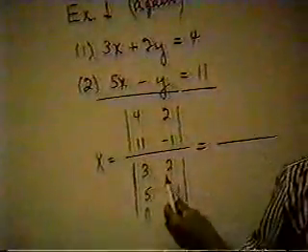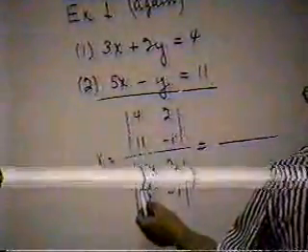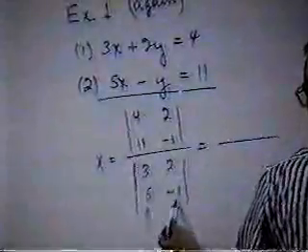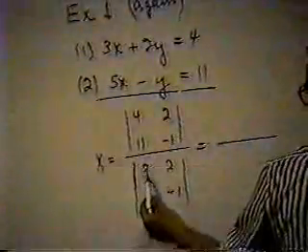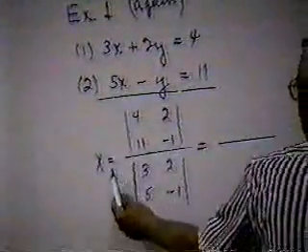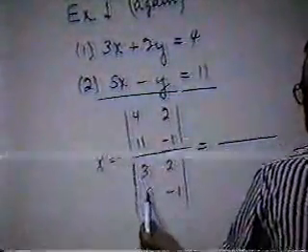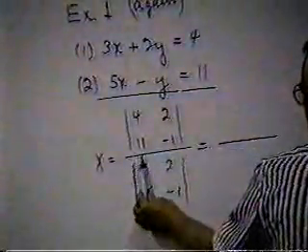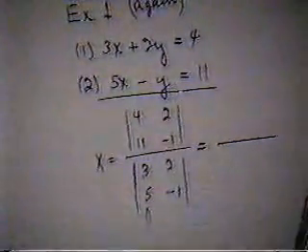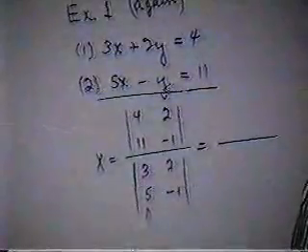So let's say it again. Solving for x or y, the denominator is the determinant of the coefficients of the x's and y's. The numerator is, if I'm looking for x, I replace the x column. I replace the 3 and the 5 up here with the constants, 4 and 11. That's how simple it is, and that's it.